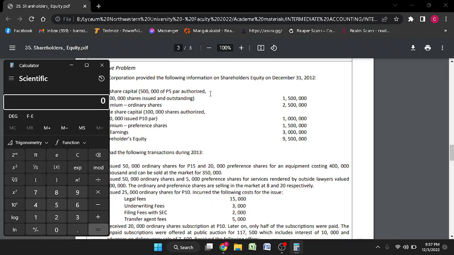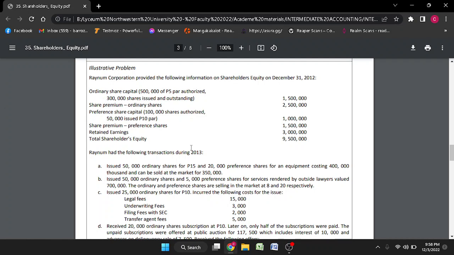So 2.5 million pesos divided by 300,000, we could assume that it is around 8.333 pesos per share.